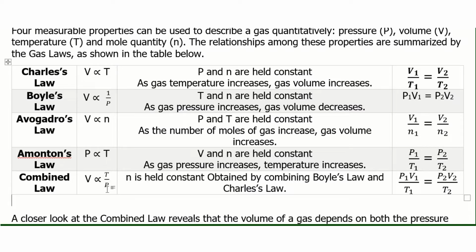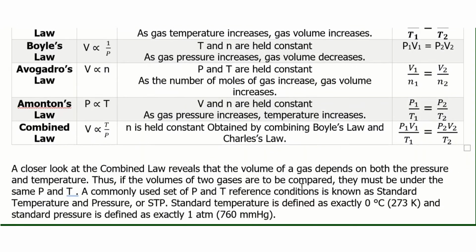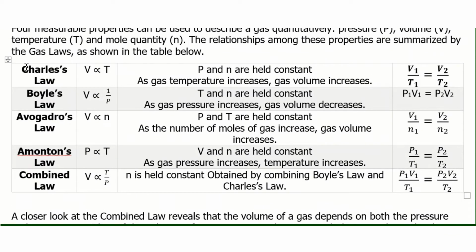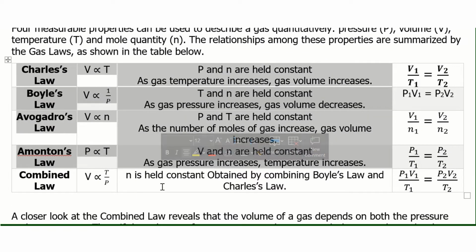So kind of an interesting law right there. This one is actually obtained by combining Boyle's law and Charles' law. I didn't go as much into this particular law in lecture, but you don't really have to worry about it. I just presented it here to have the complete set of laws. If you know the 4 laws that I talked about in lecture, then you're good to go.